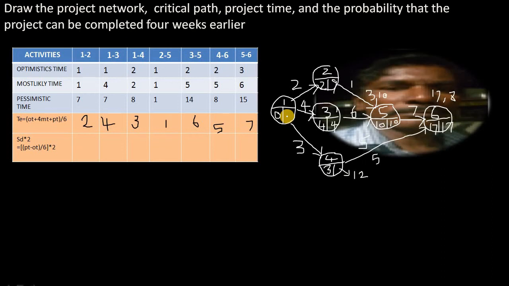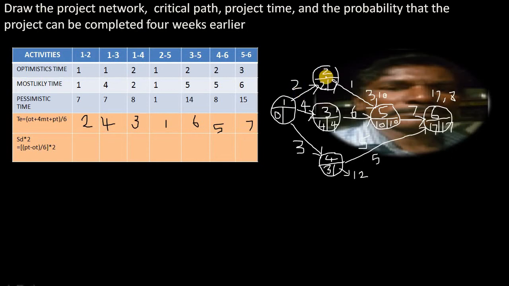In the first event, 3 activities are going back. I mean, you will get 3 latest times for this particular event, the first event. One is from here, the other one is from the third event, and the third from the fourth event. So 3 latest times we'll get.